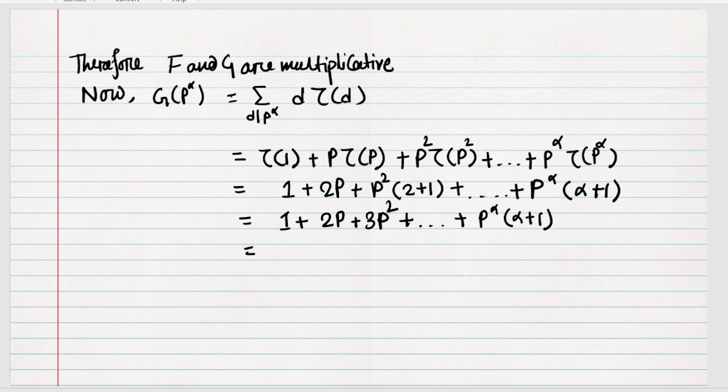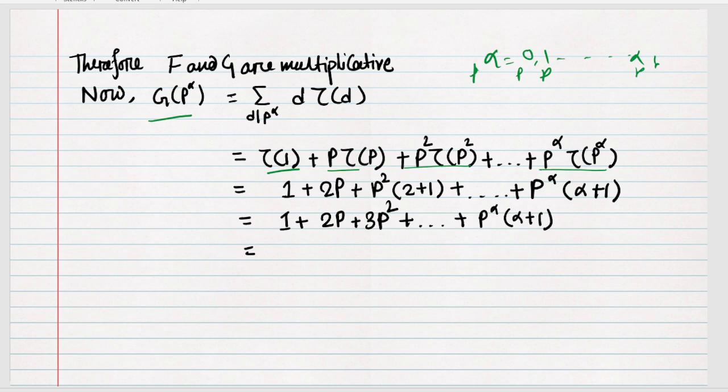Taking g at p raised to the power alpha, as the sum of tau of d, we replace the exponent with 0, 1, up to alpha: that is, p raised to the power 0, p raised to the power 1, p squared, and so on up to p raised to the power alpha, giving tau of 1, tau of p, tau of p squared, and so on, up to tau of p raised to the power alpha.